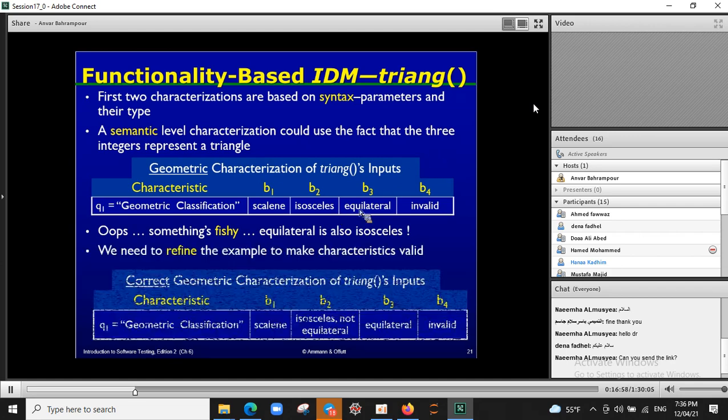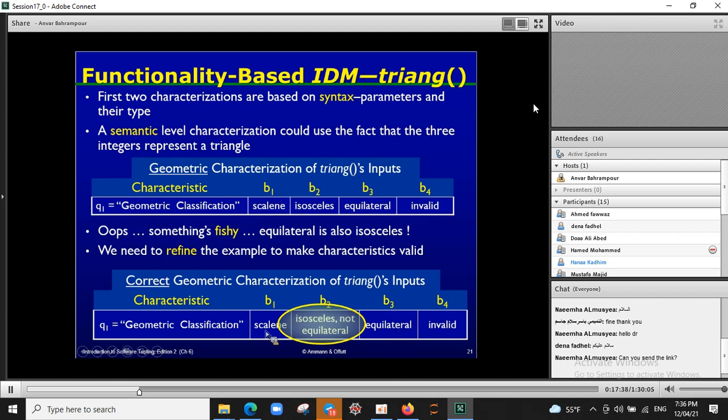Something is fishy in this classification or partitioning, because each equilateral triangle is also an isosceles triangle. So these 2 blocks overlap with each other by a subset of the block. So we refine this partition.